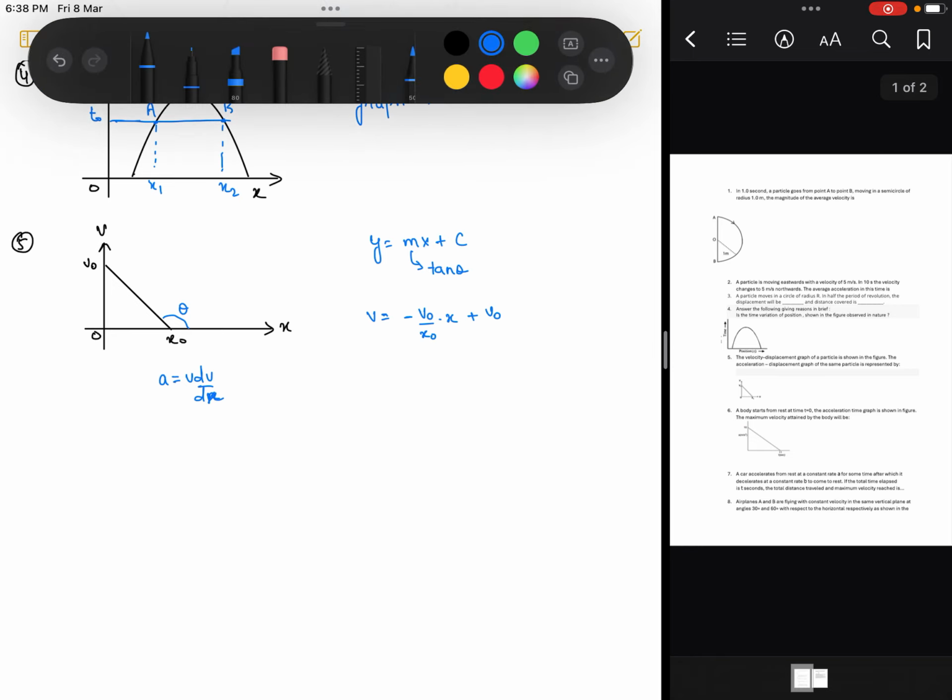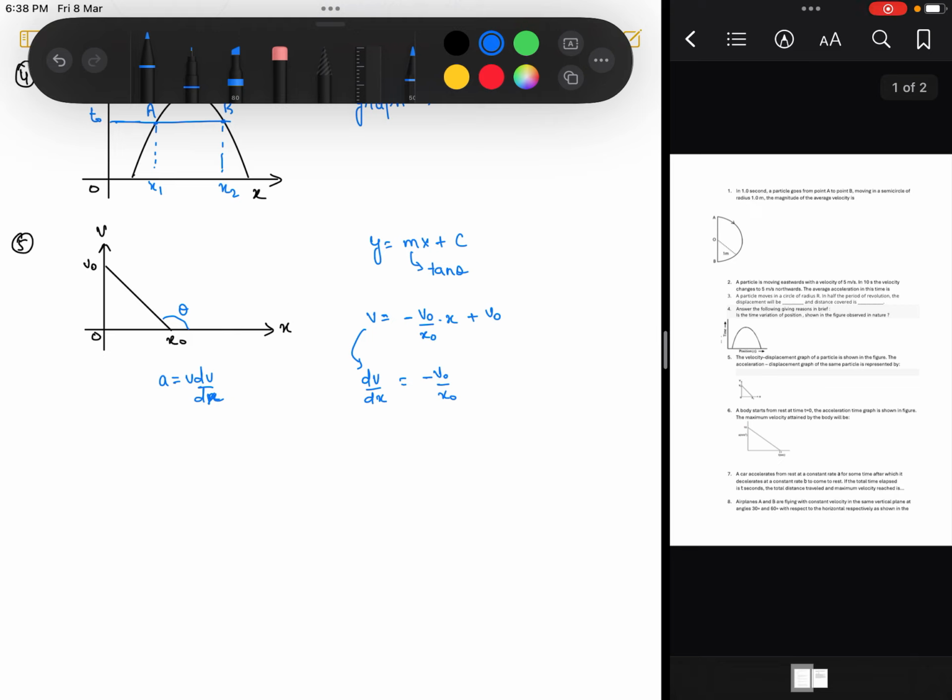So from this equation we can calculate dv by dx. dv by dx will be equal to negative of v naught by x naught plus 0, so dv by dx is minus v naught by x naught.